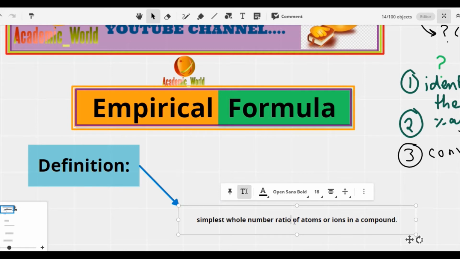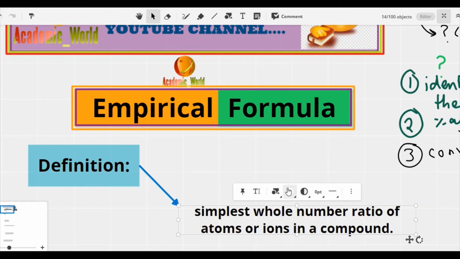So the simplest whole number ratio of atoms or ions in a compound is known as the empirical formula.